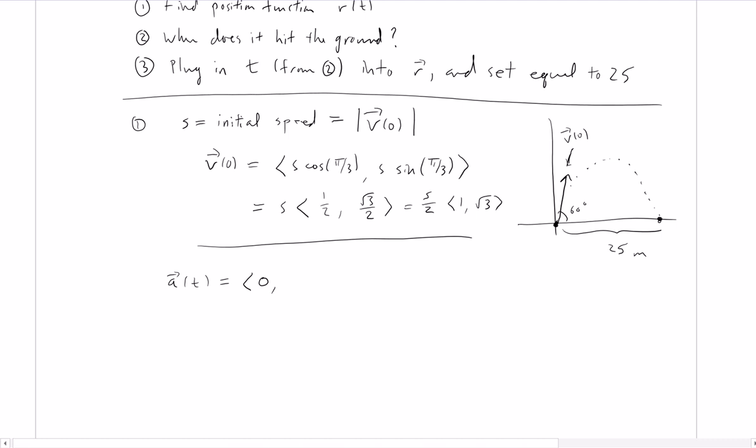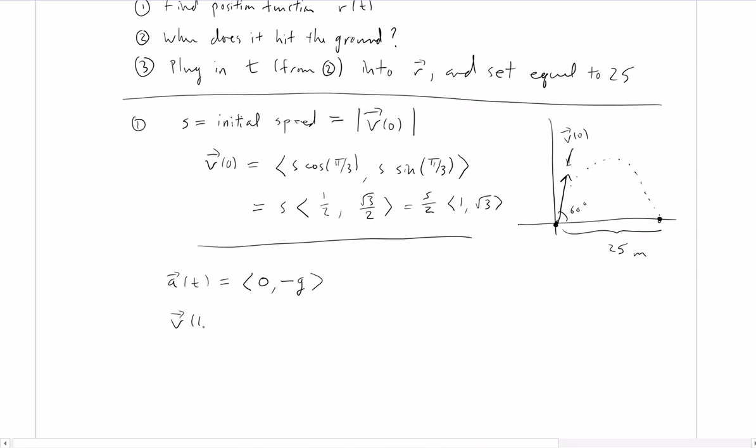We're simplifying everything here as two-dimensional, so there's just going to be x and y. So it only has a y component, and it points down, so it should be negative. I'm just going to call it g for gravity. This is what you've probably seen before, estimated as 9.8 meters per second squared, but we're just going to leave it as g here to keep things simple. So that's the acceleration.